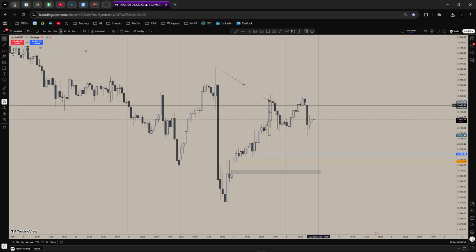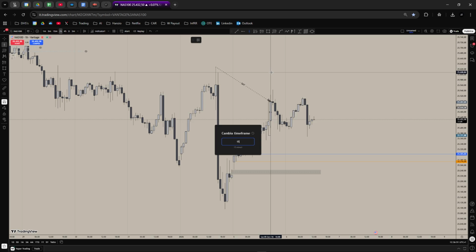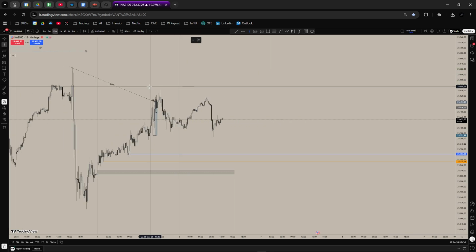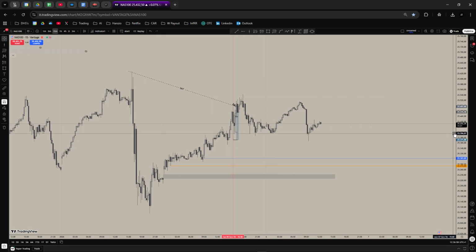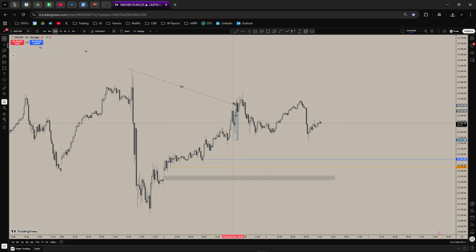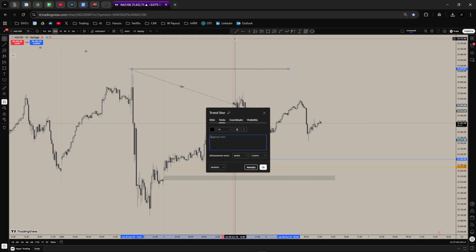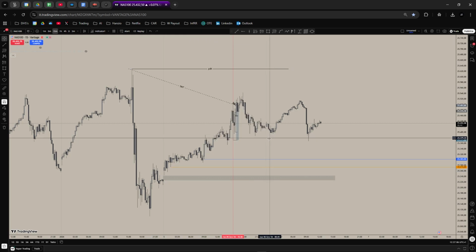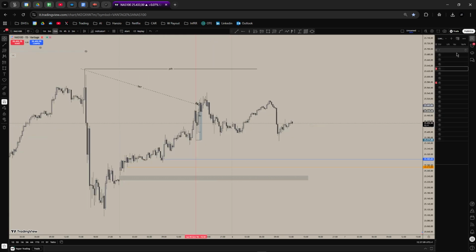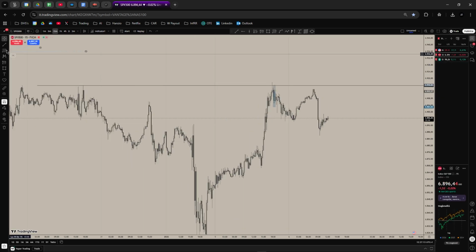So Nasdaq at the time, let me go to 15-minute and market open, where it is here. At the time of market open, we were really below the previous day open, previous day high. Sorry, we were really close here.